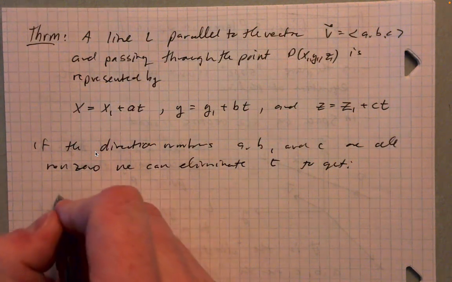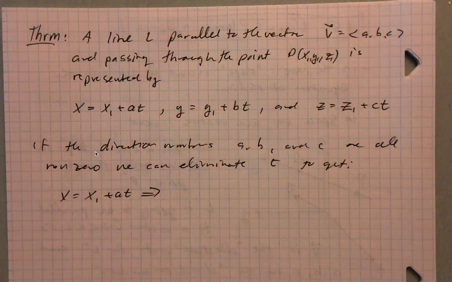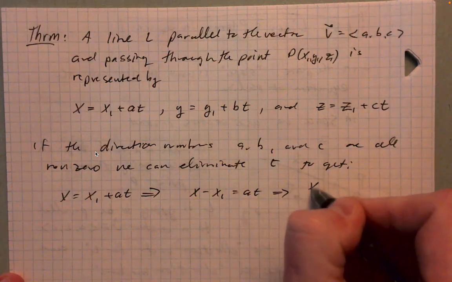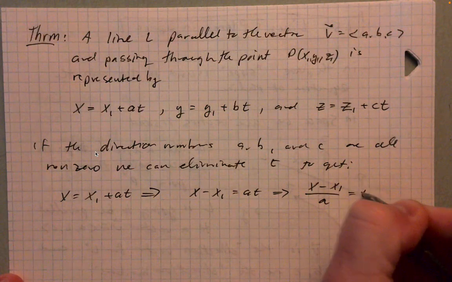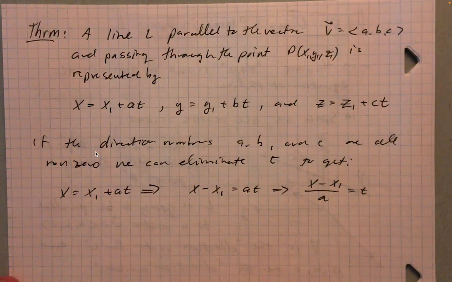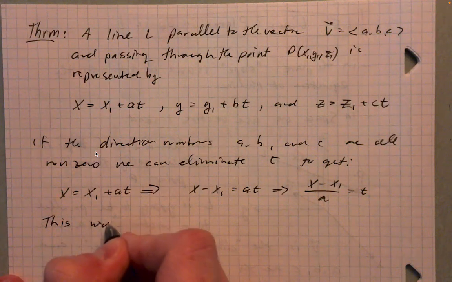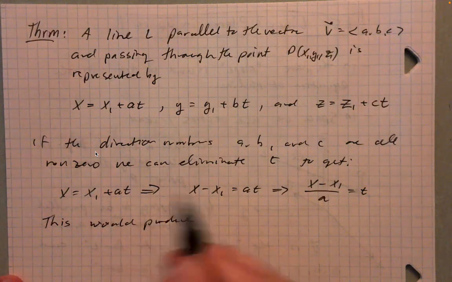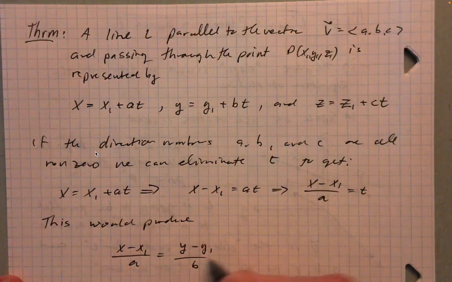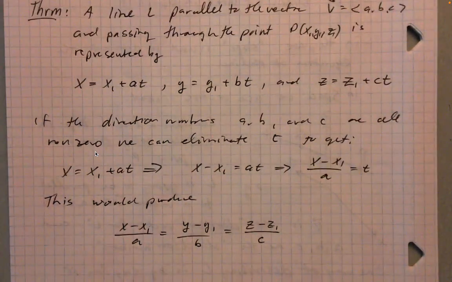For example, x equals x1 plus at implies that x minus x1 equals at, which implies that x minus x1 over a equals t. We could do that for all three, and since they all equal t, we could equate them and get the symmetric equations: x minus x1 over a equals y minus y1 over b, which equals z minus z1 over c.